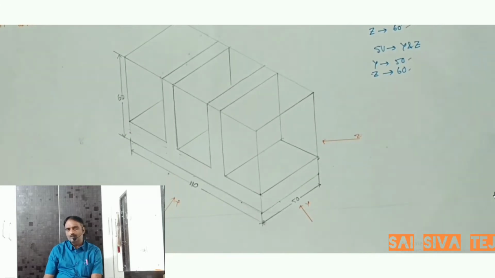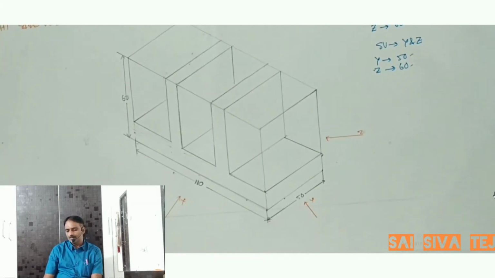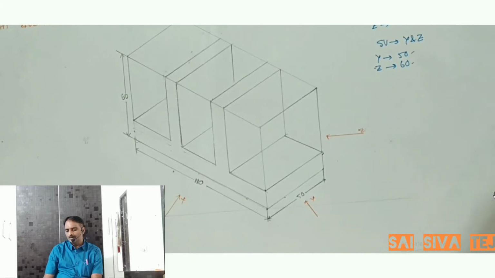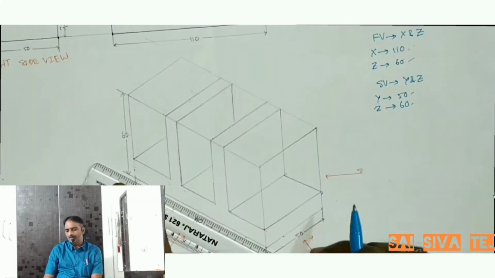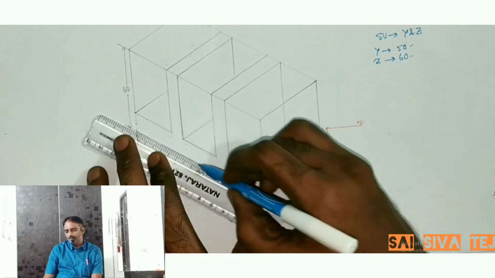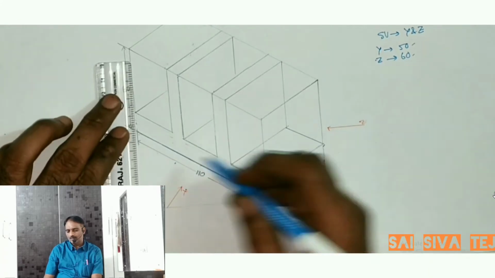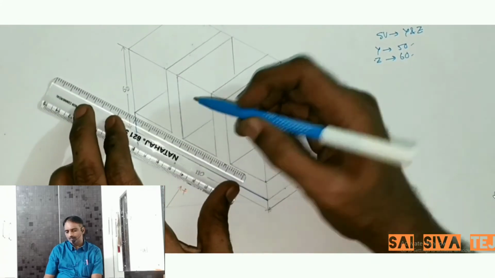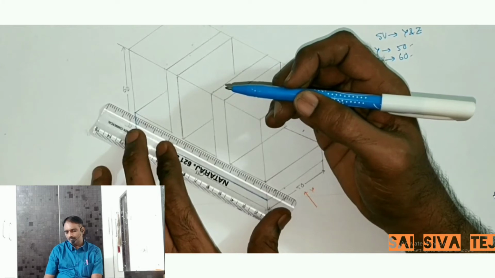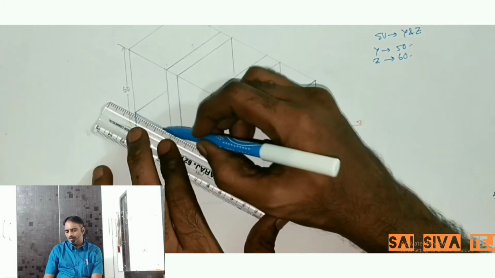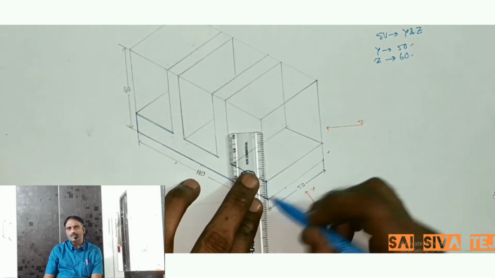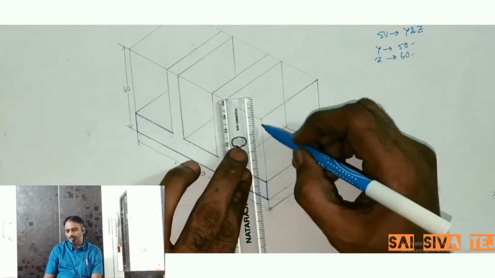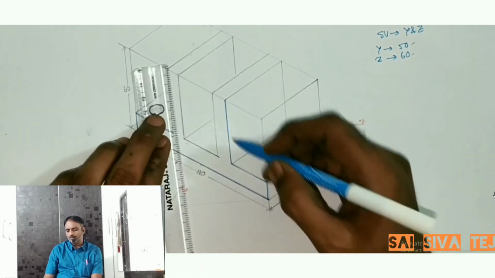And once we have represented the isometric view, it is to be made dark a little bit more. After completing the solid, we can erase the unwanted lines or projectors which are not required for us.